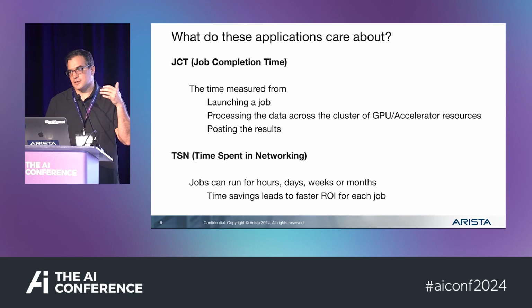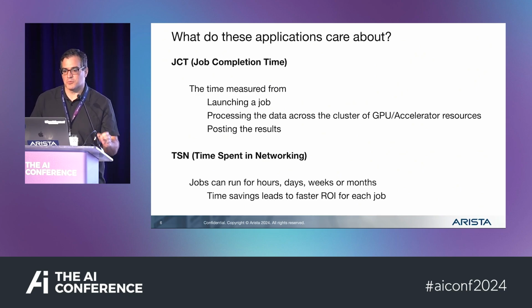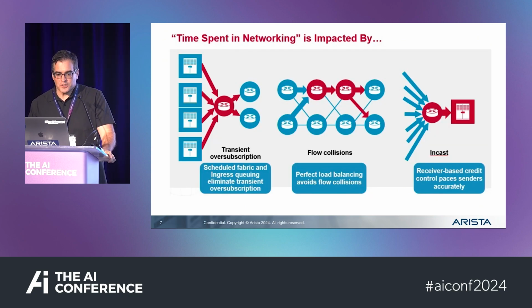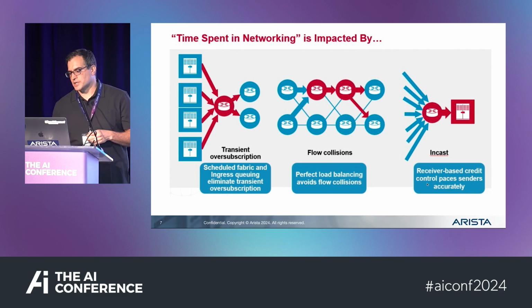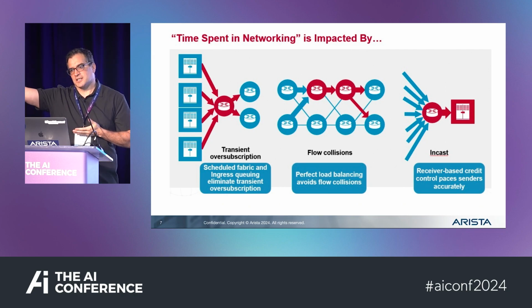So the more we minimize that time spent in network, ultimately the better off and the higher utilized those GPUs are. And so there are some problems in the networking space. We have incast, like shown here on the far right, where you've got data coming in from multiple sources, all trying to egress the same physical port.